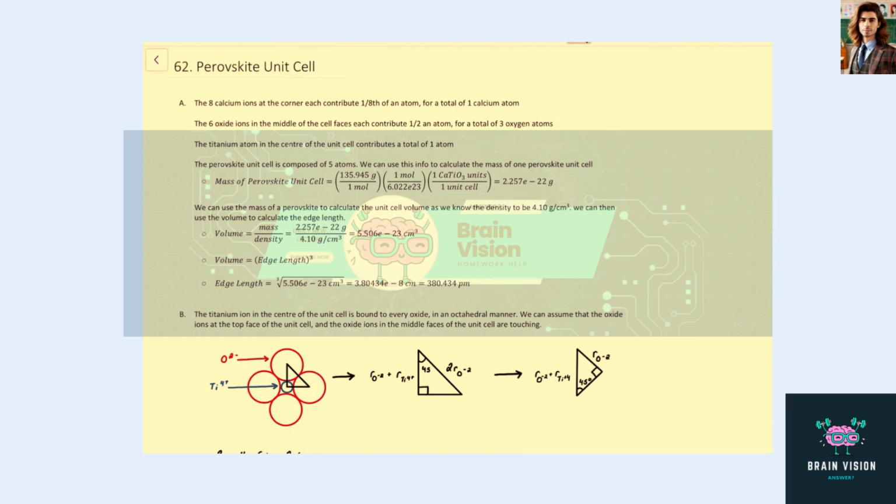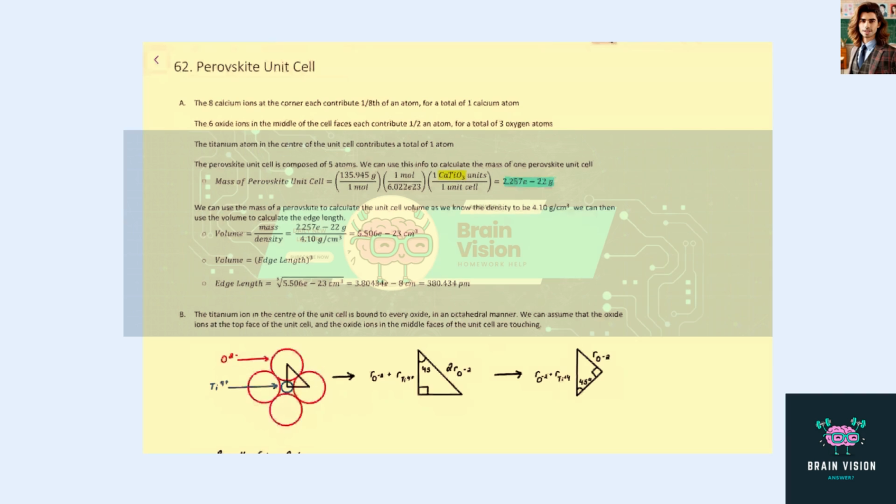And because a perovskite unit cell only consists of these 5 atoms, the calcium, the titanium, and the 3 oxides, we also need to take that into account when doing the mass calculation, such that the mass is only for the weight of these 5 atoms, and we should find that the weight is equal to 2.257 times 10 to the negative 22 grams.